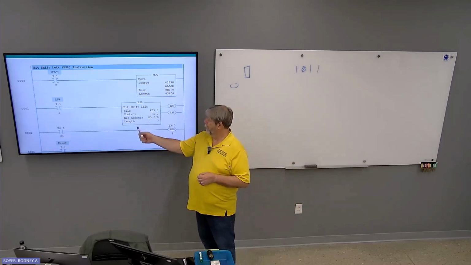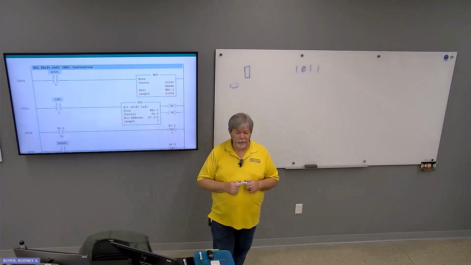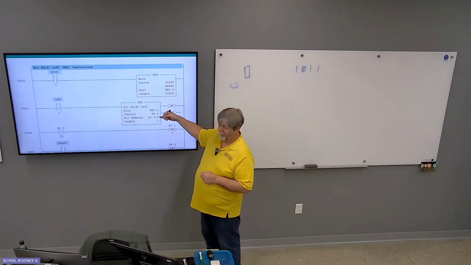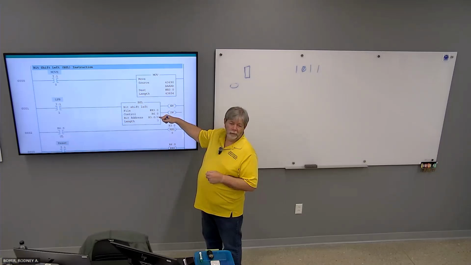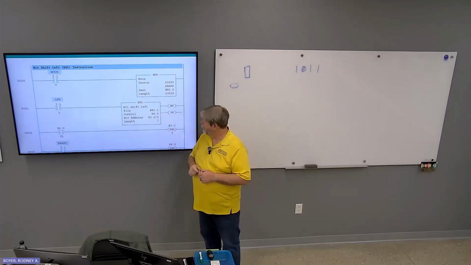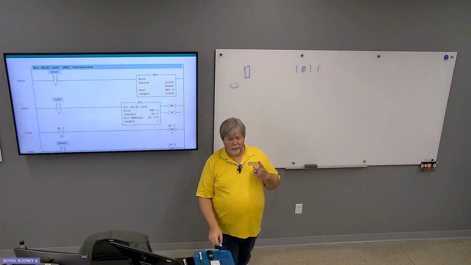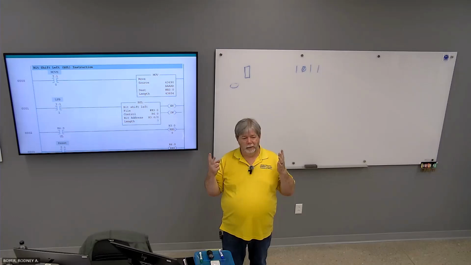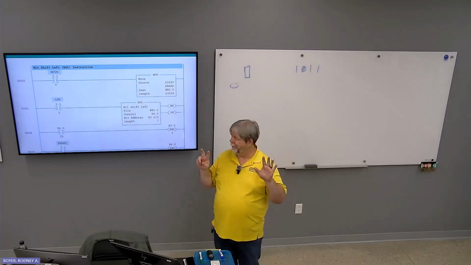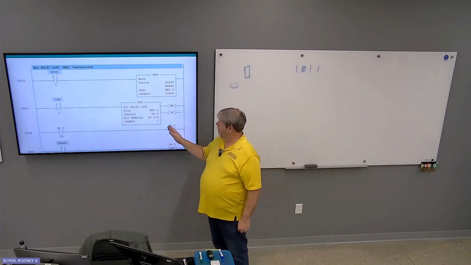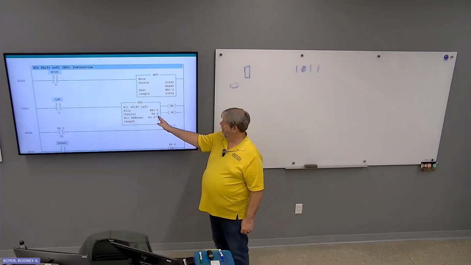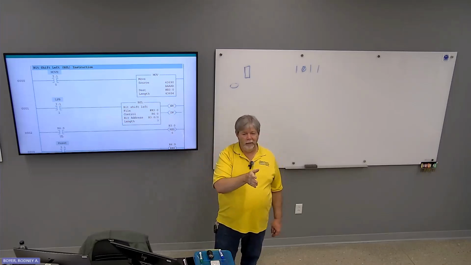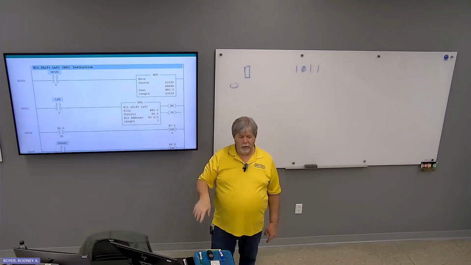Matter of fact, the shift instruction is looking at the first bit in that file. Okay, length of 7: you're going to have 0, 1, 2, 3, 4, 5, and 6, a total of 7. So when whatever bit came in on bit 0 is shifted into position number 7, the instruction no longer cares about it.